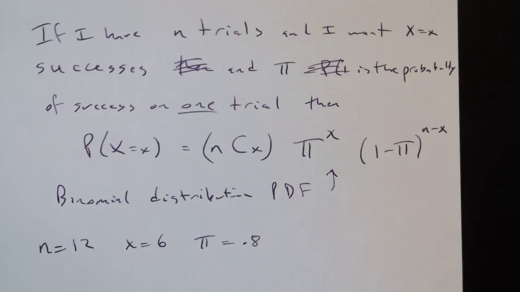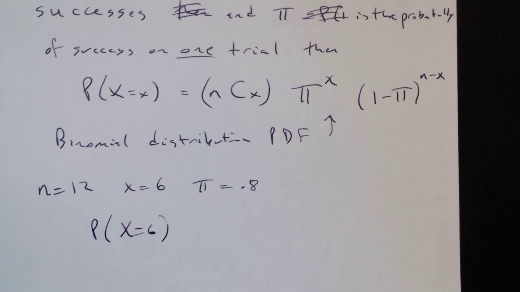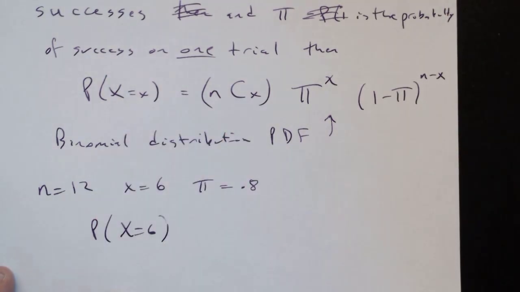I now know exactly the chance of getting 6 successes out of 12 trials. Just going to plug in these numbers to this formula right here.